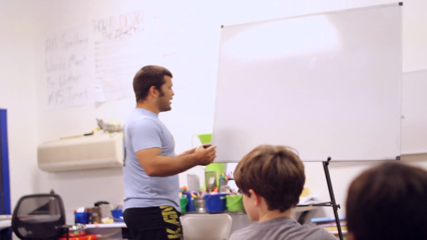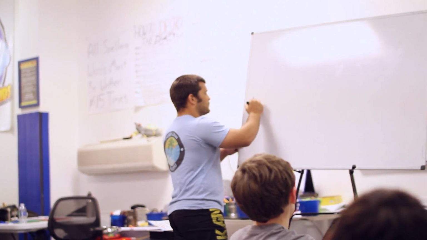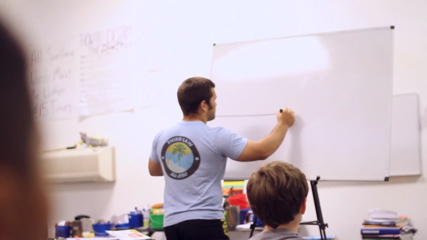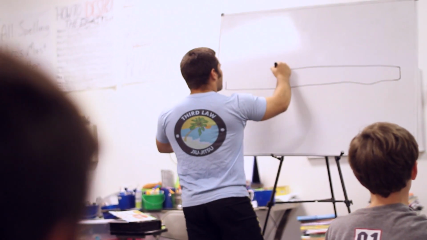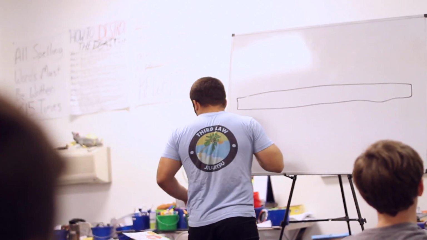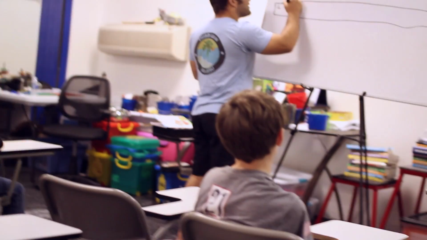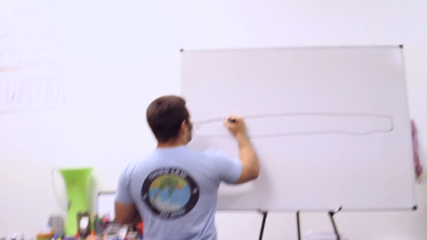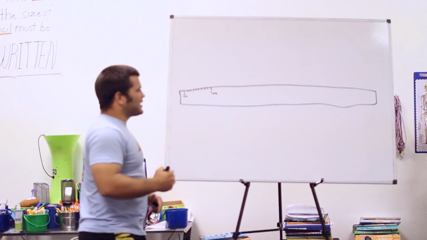But when we look at the whole thing, when we look at a ruler, it's not a very short ruler, and we have 0 centimeters here. 1, 2, 3, 4, 5, 6, 7 millimeters, and that's 1 centimeter.